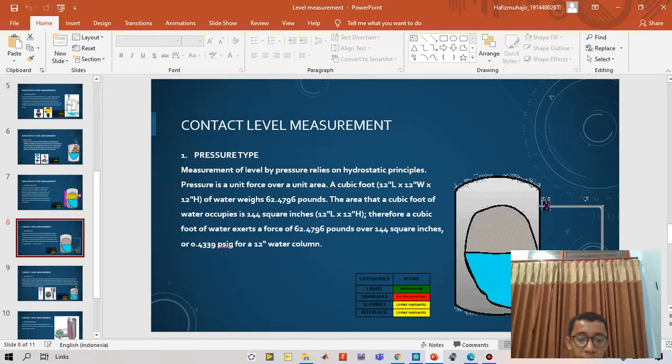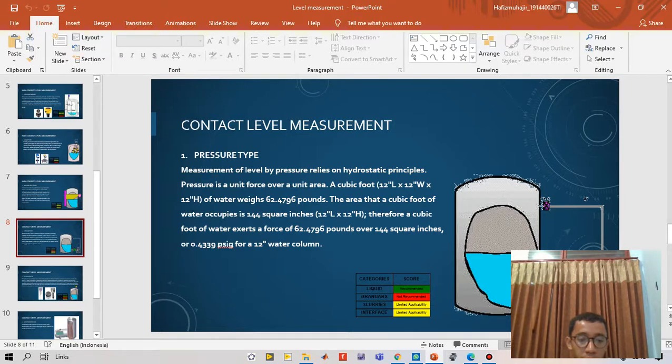A cubic foot, 12-inch length, 12-inch width, and 12-inch height of water weighs 62.4 pounds. The area that a cubic foot of water occupies is 144 square inches.